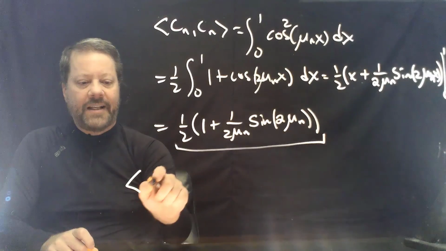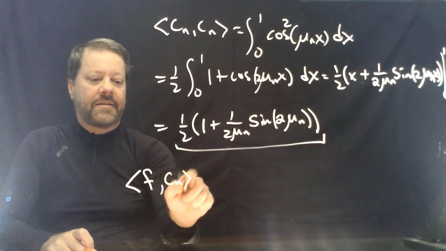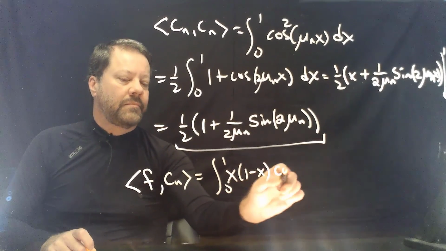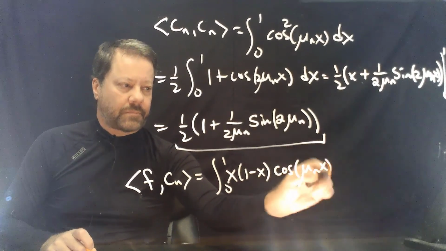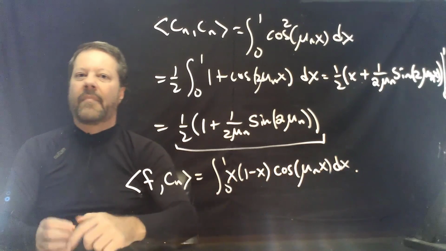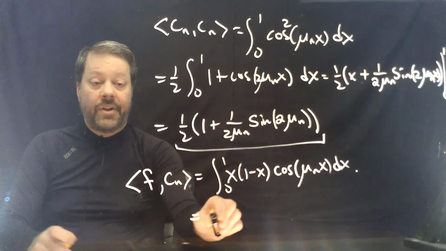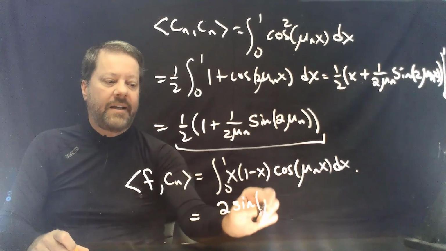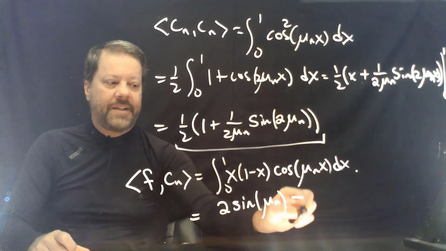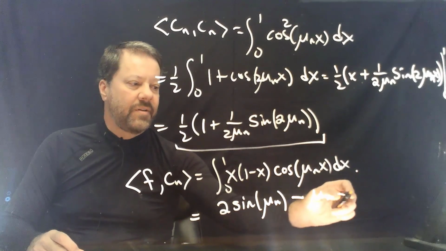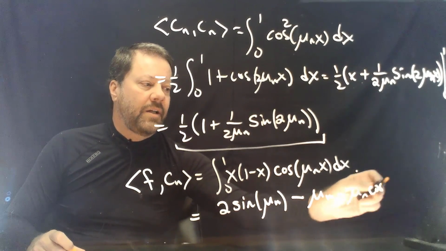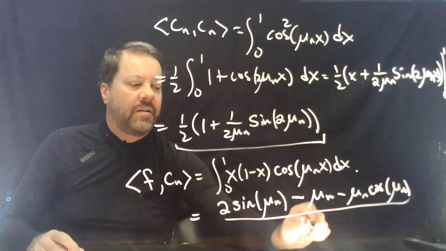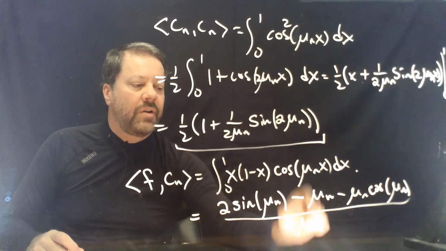We still have to integrate f times these cosines. I'll leave it to you to figure out that you get 2 times sine of mu n minus mu n cosine mu n, divided by mu n cubed.